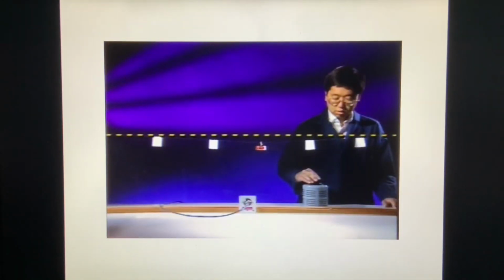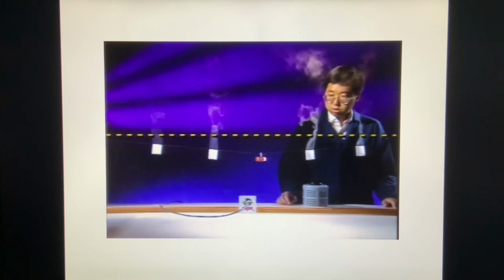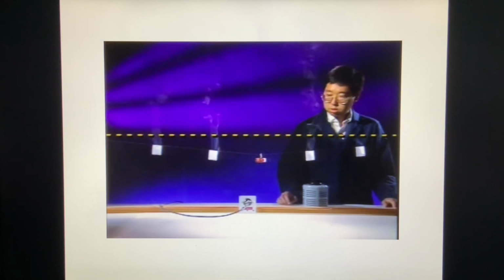Increasing the temperature increases the amount of expansion. When the current is turned off and the wire cools, it contracts to its original length.